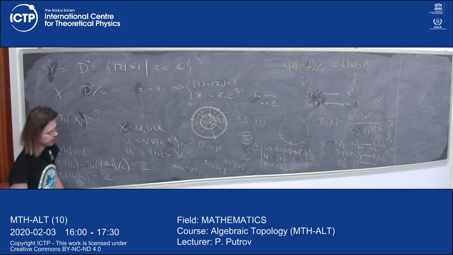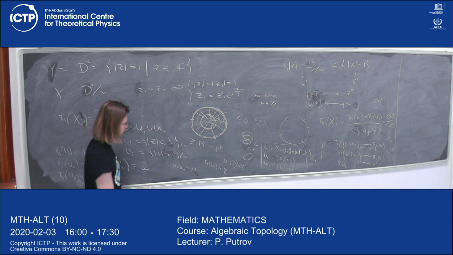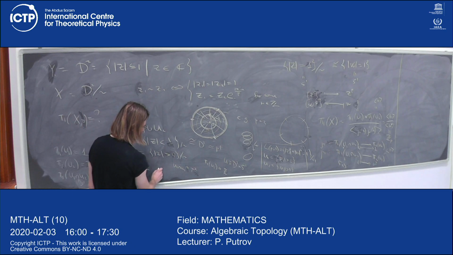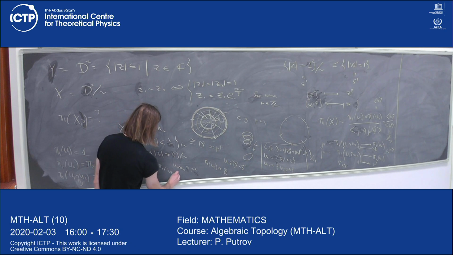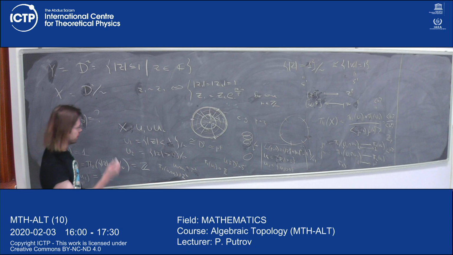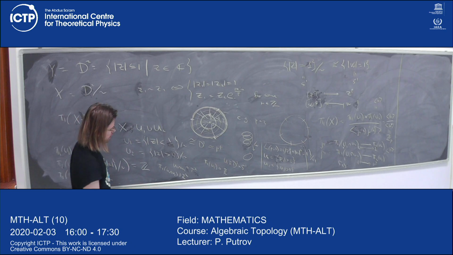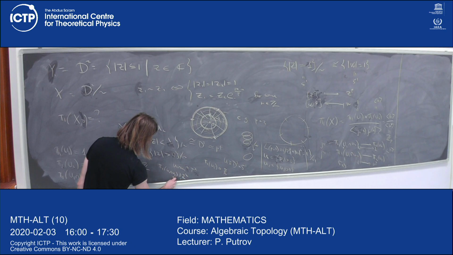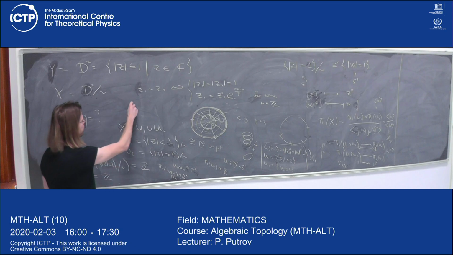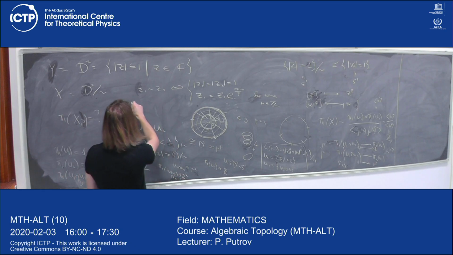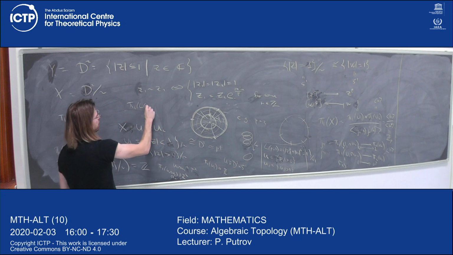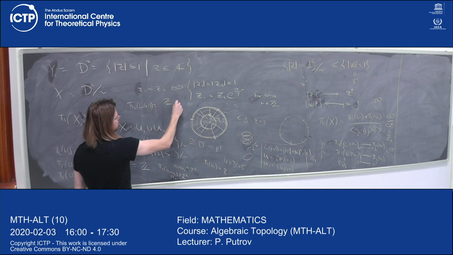So the fundamental group of the intersection will be Z squared, so it has two generators, say A and B. Essentially, in this lens space, you end up calculating a certain quotient.